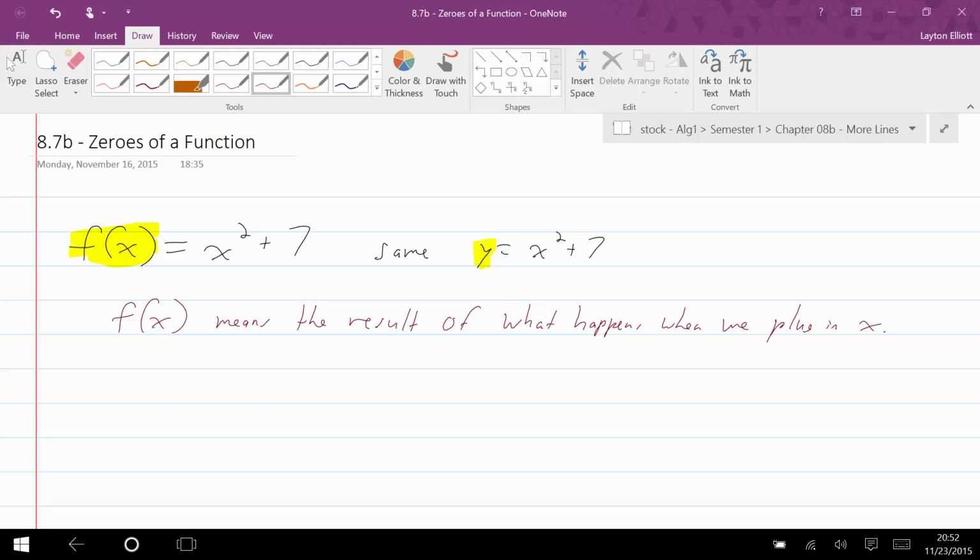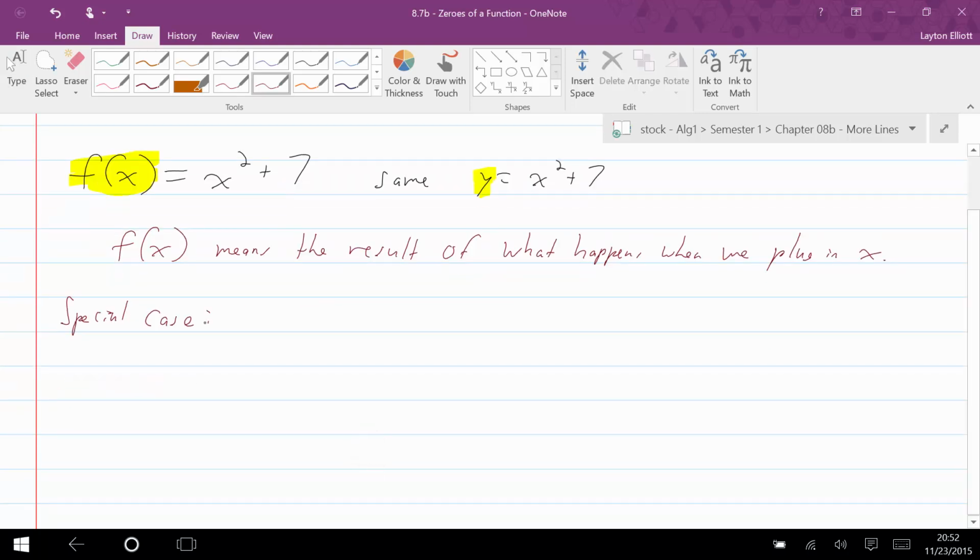So there's a special case, and today deals with several special cases. Here's a case: if I look back at the same f of x and I say f of 0, well, f of 0 would be 0 squared plus 7, or 7.